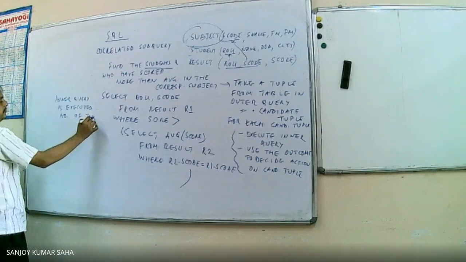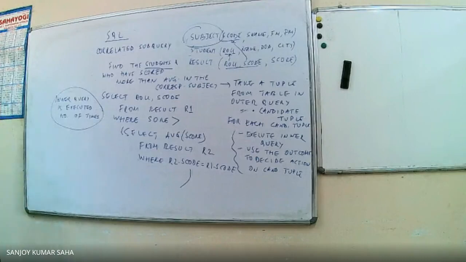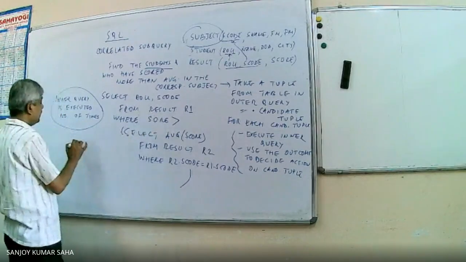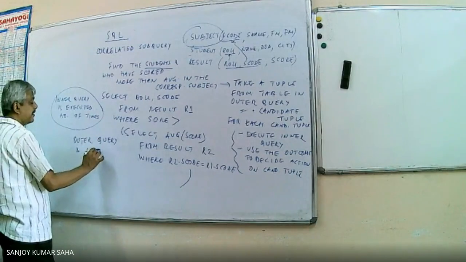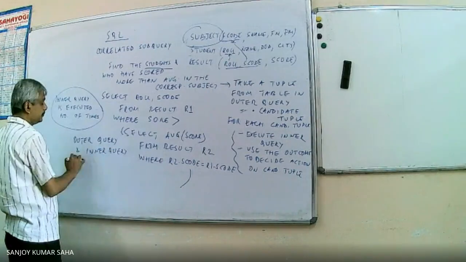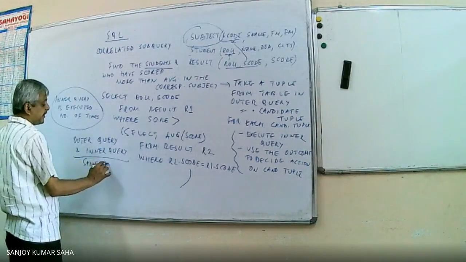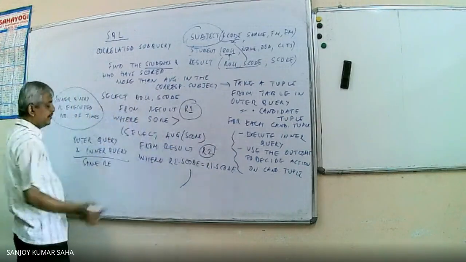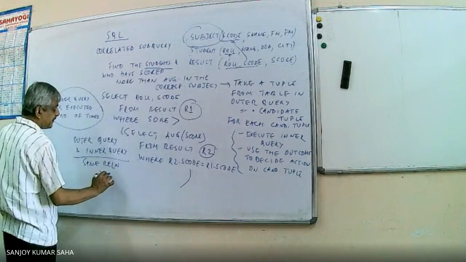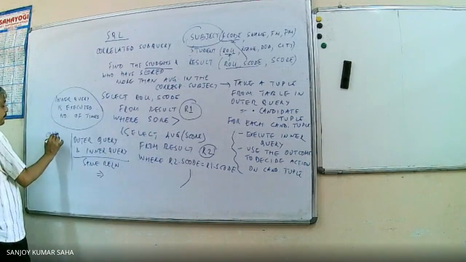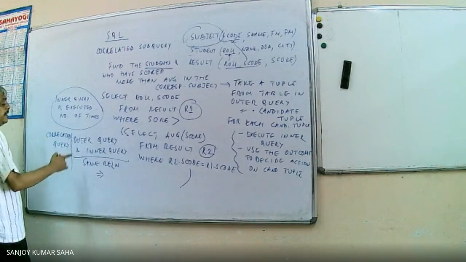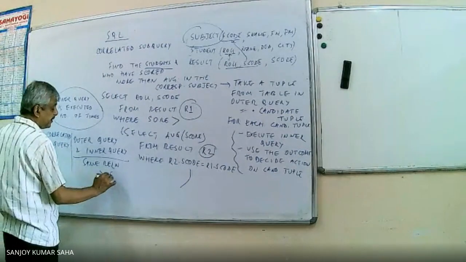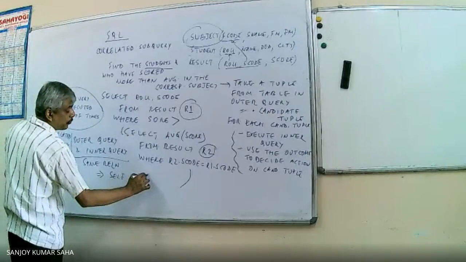If the outer query and inner query are working with the same relations, then obviously we have to go for aliasing. So if this is a correlated query, an inner query, and the outer and inner query are using the same relation, then we'll say this is self-correlation.